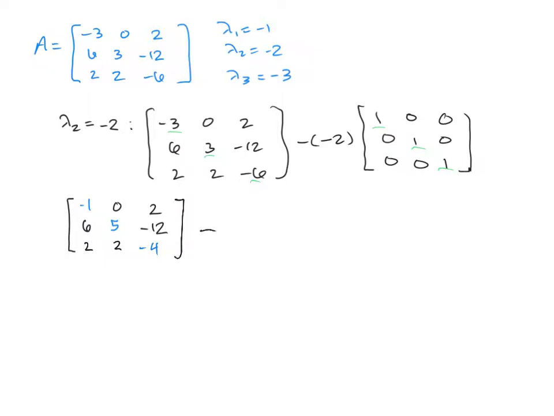Once again, we go to our graphing calculator and put this into row reduced echelon form. And again, all you have to do is go into second, matrix, go to edit, and just write over top of the previous matrix.